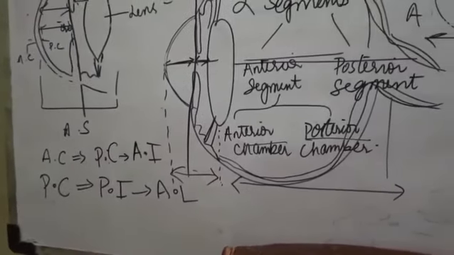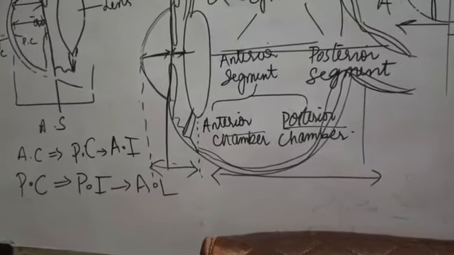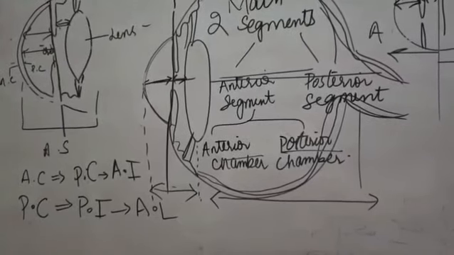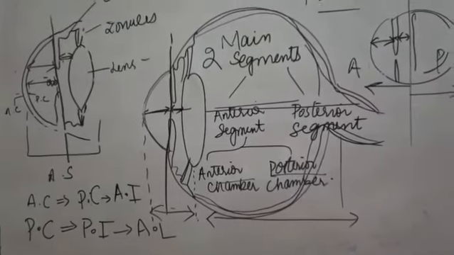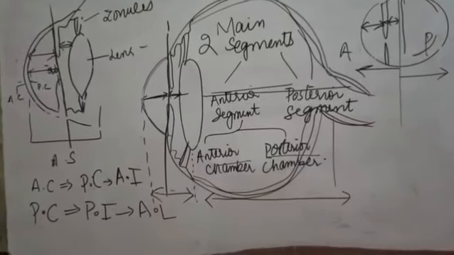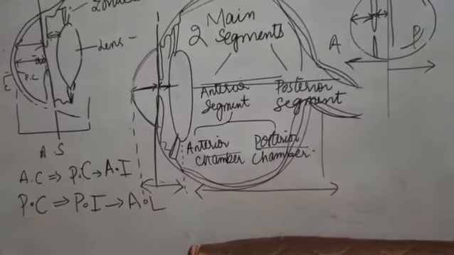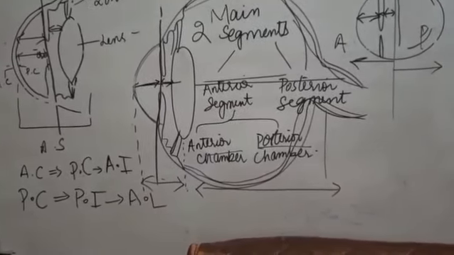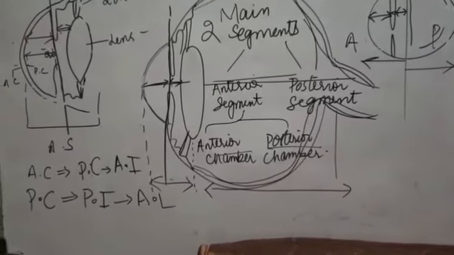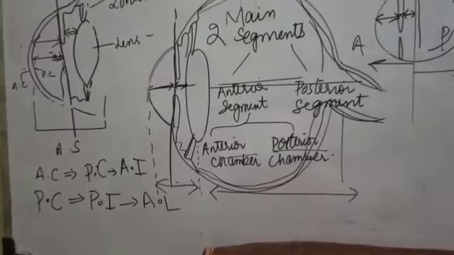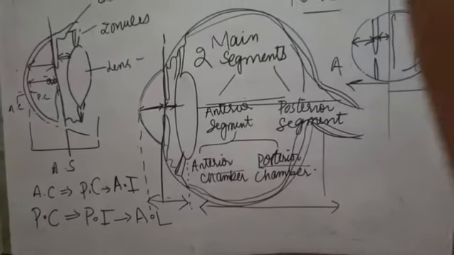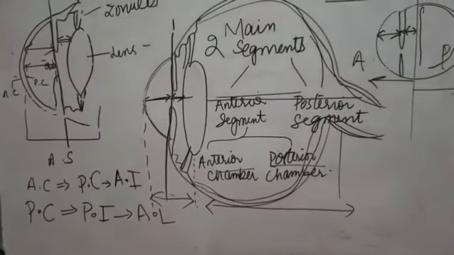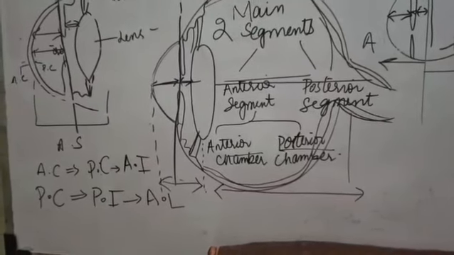So it's very important to identify what the anterior chamber is and what the posterior chamber is. Sometimes we have questions from an academic point of view, such as differentiate between the anterior segment and the posterior segment, while sometimes they ask what is the anterior chamber and what is the posterior chamber. The anterior segment is further divided into two small rooms or parts, the anterior chamber and the posterior chamber.